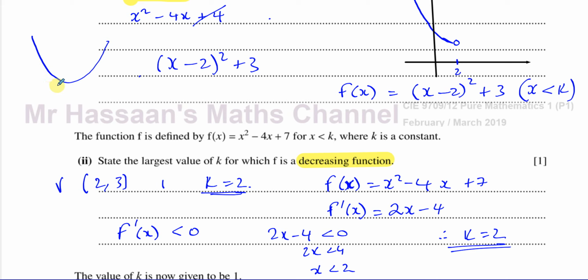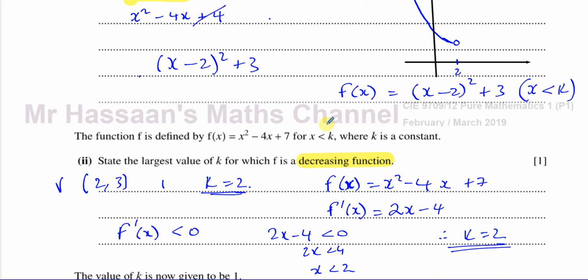So for a function to have an inverse, it must be 1 to 1, right? And we know that the domain is x is less than k. For it to have an inverse, the highest that k can be is 2, such that it will be 1 to 1.